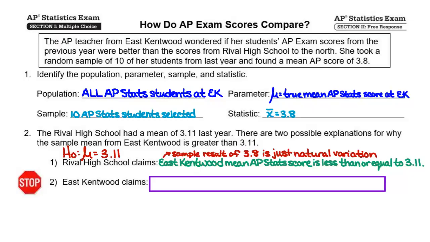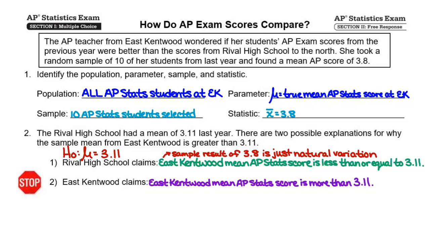What is the other possible explanation, or what is our HA? If that 3.8 is not just a fluke, East Kentwood really does have an overall better AP score than rival high school.